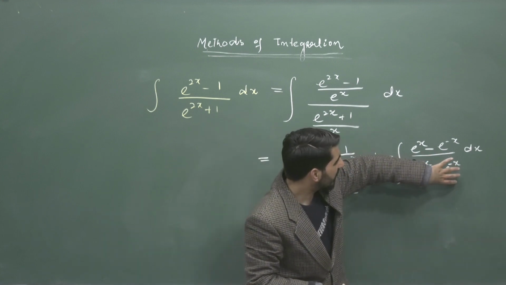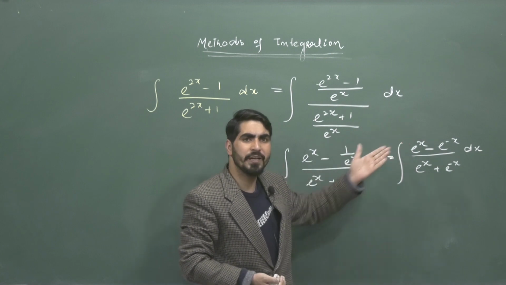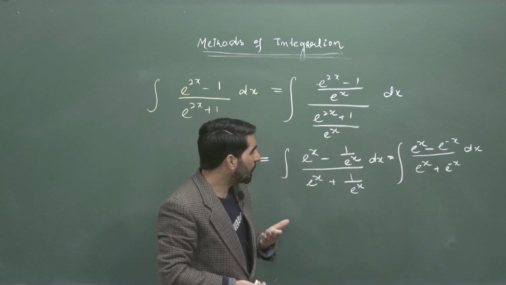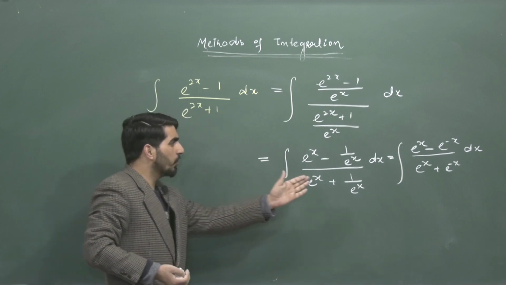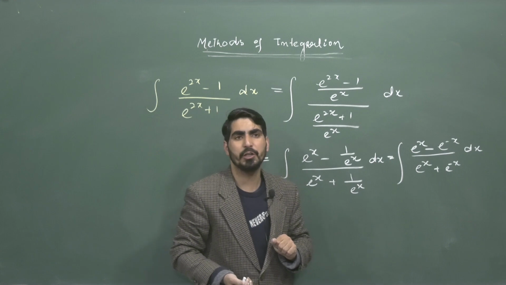So the differentiation of this denominator will give me the numerator. So that is the best option for me to choose here: e^x + e^{-x} is equal to t.